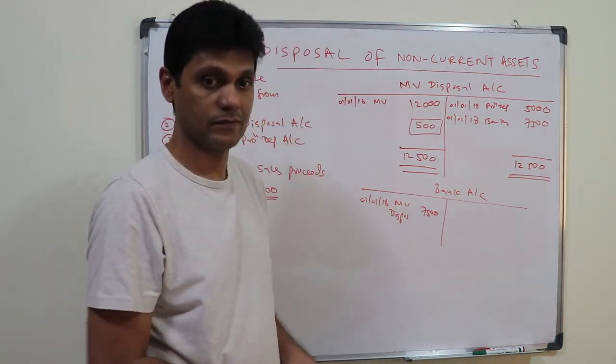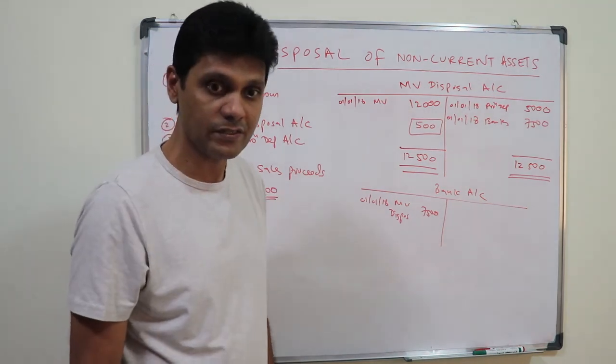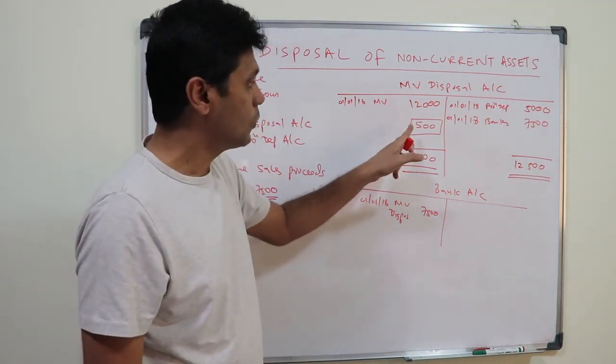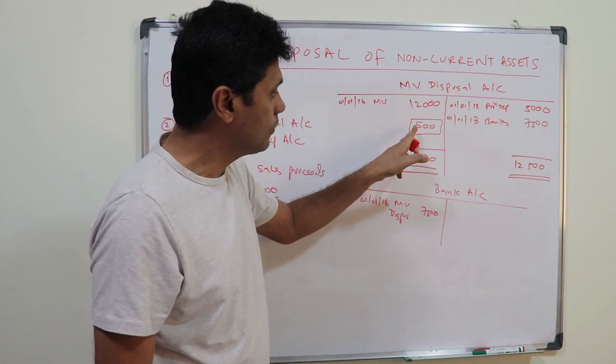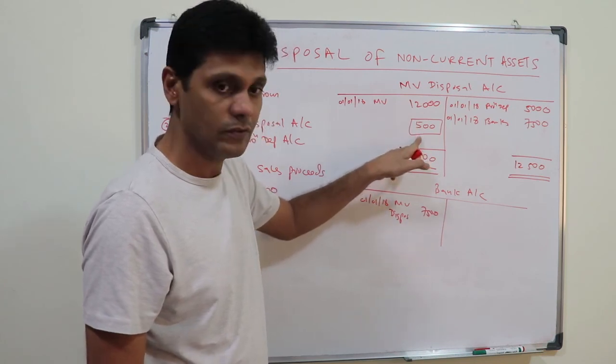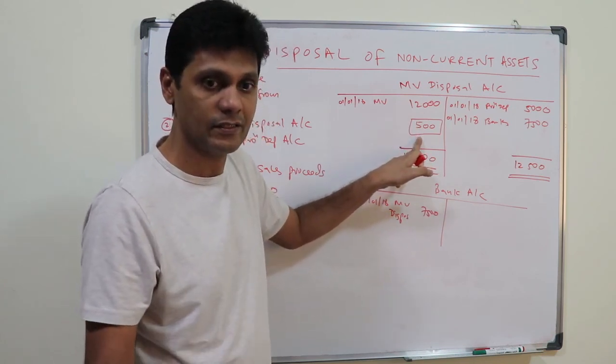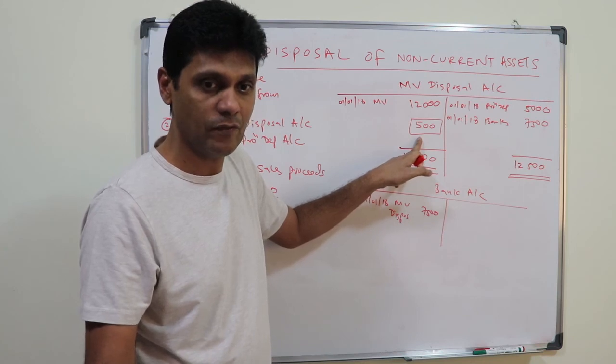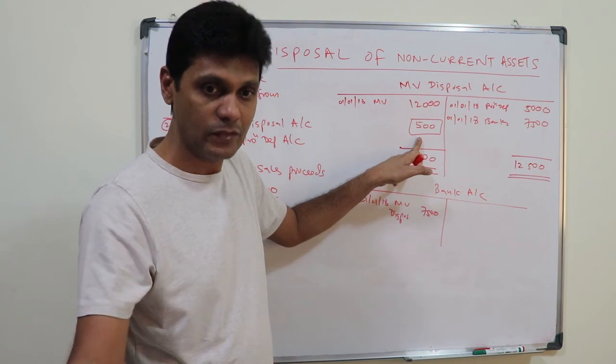That's the income. Profit. This is the profit. So when you debit this account, it's a debit entry, no? Where will you credit? It's a profit, no? So where does profit go? Income goes to the income statement.